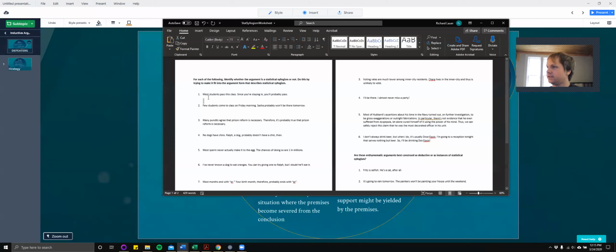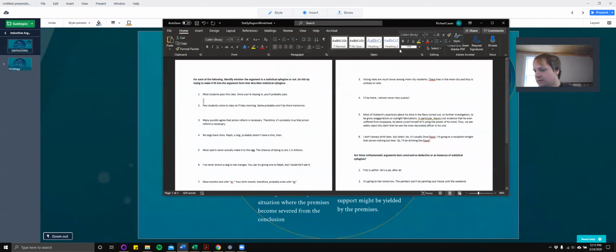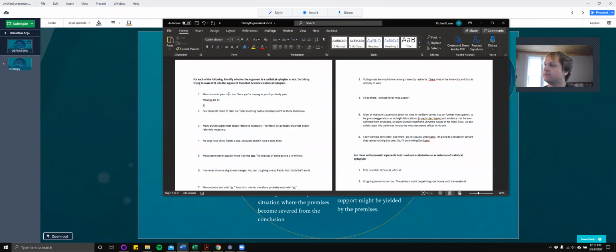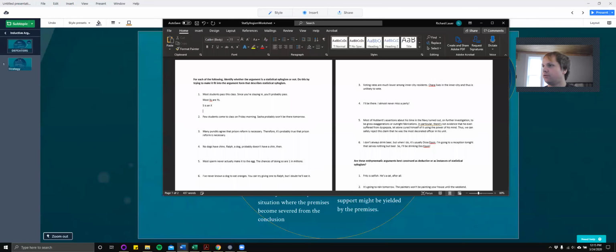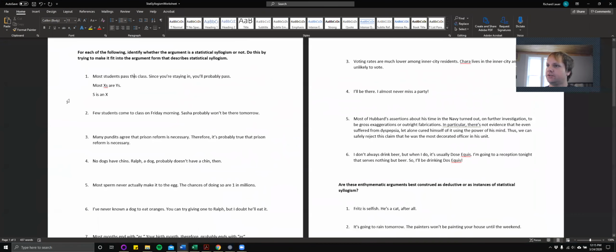All right, maybe this will fix it. All right, so there we go. So this is the general form of a statistical syllogism, right? Zoom in a bit.